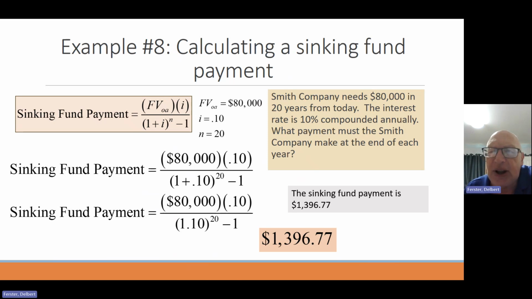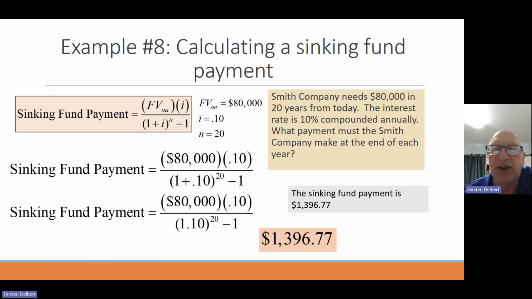So what that means is the payment amount comes out to $1,396.77. So that's how much, all right, for them to get the 80 grand at the end of 20 years. They would have to make that payment each of the 20 years, $1,396.77.